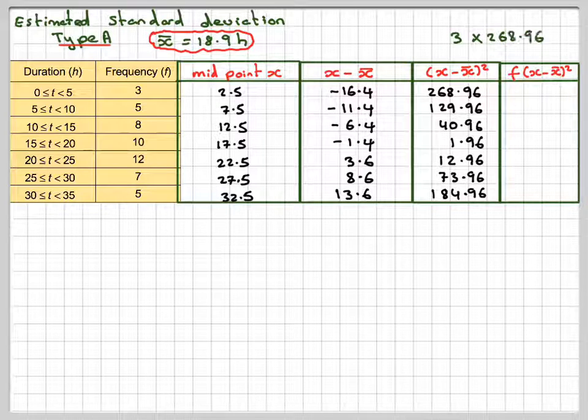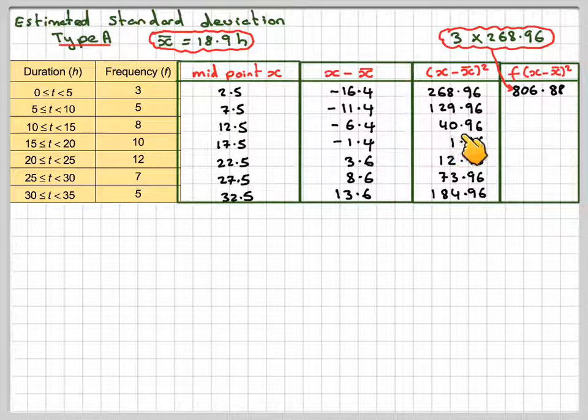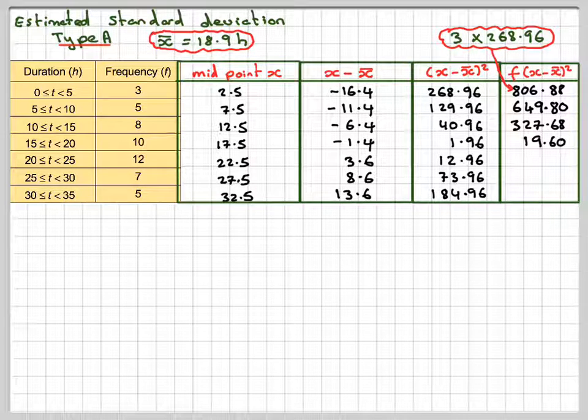So we need to do 3 times 268.96, which will give me that, and then we need to do 129.96 times 5, etc. 40.96 times 8, 10 times 1.96, 12 times 12.96, 73.96 times 7, and 5 times 184.96. And then what we do is we add these up.